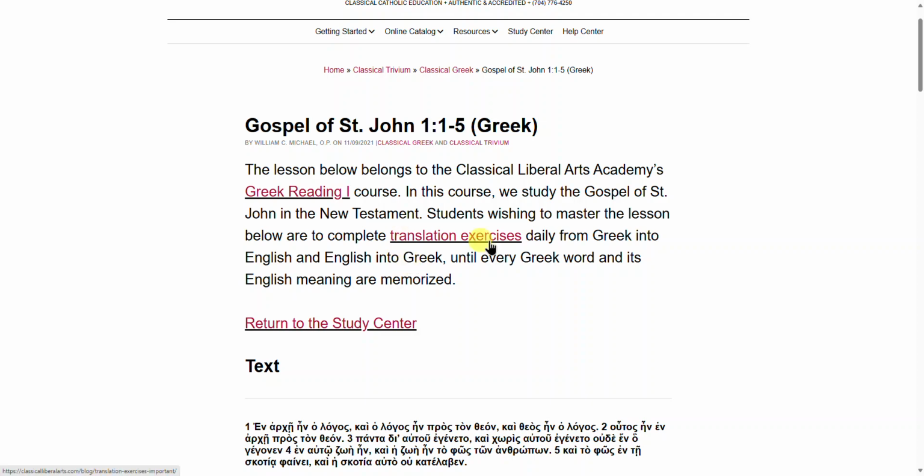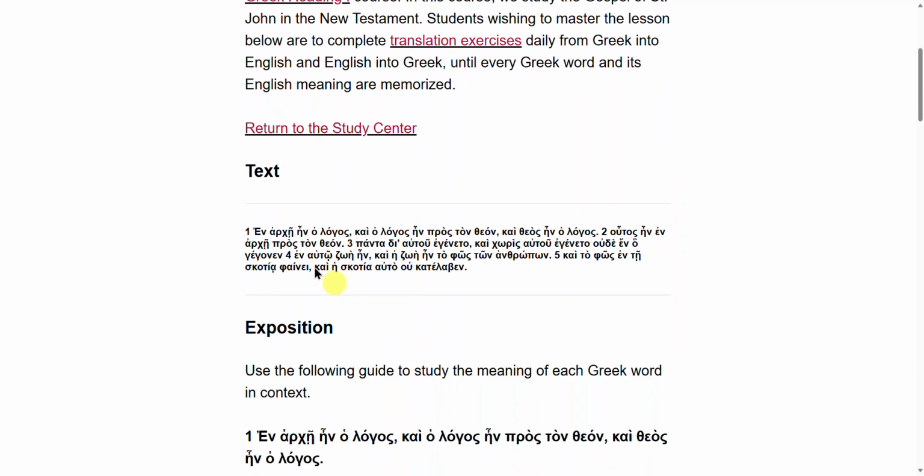What you need to do to complete these translation exercises, and if you click this link, I believe it has instructions and examples. But what you're basically going to do is copy the Greek text. You can copy it into a document by literally copying the text and pasting it or typing it, which I don't recommend, or doing it by hand.